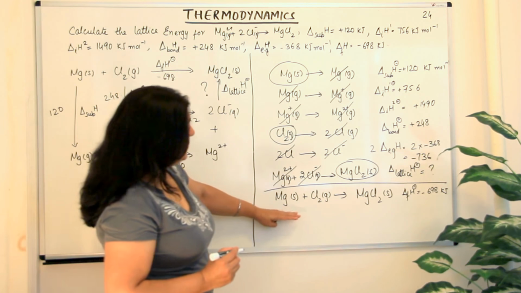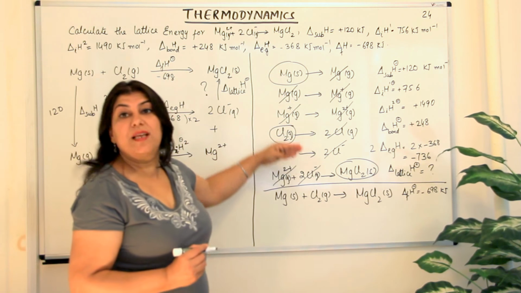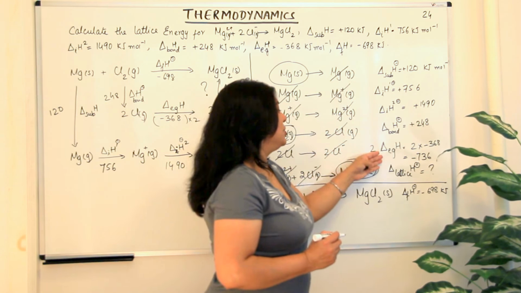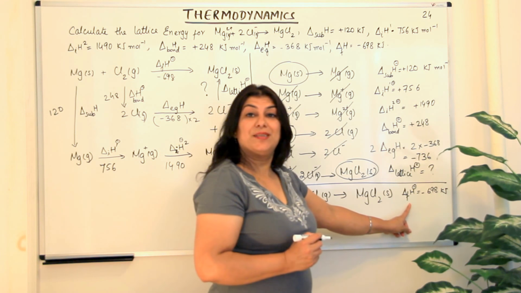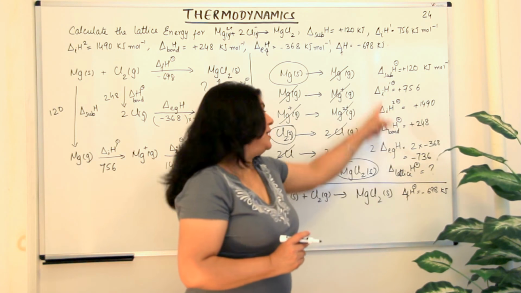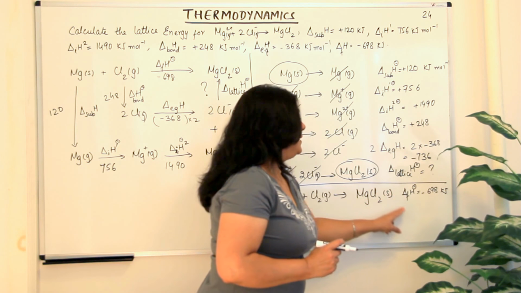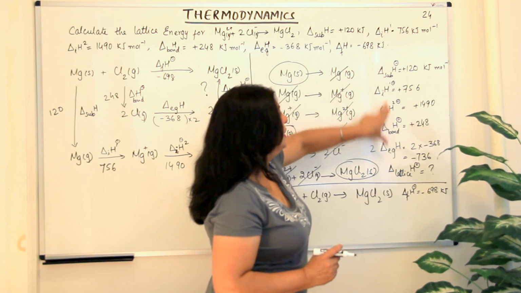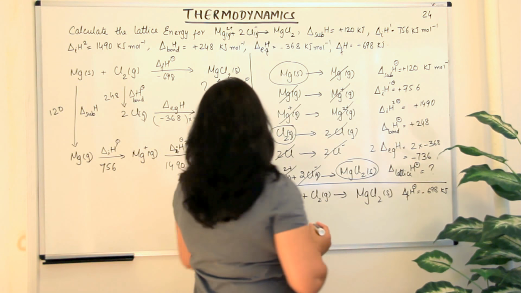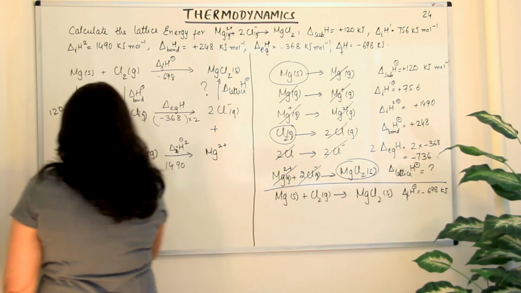So this reaction is actually the sum of all of these. Therefore, the sum of all these energies is equal to this. So if you want to find out one of these, then the total energy minus the sum of all the remaining energy will give you the lattice enthalpy. So that is what we are supposed to do now. So what is lattice enthalpy?